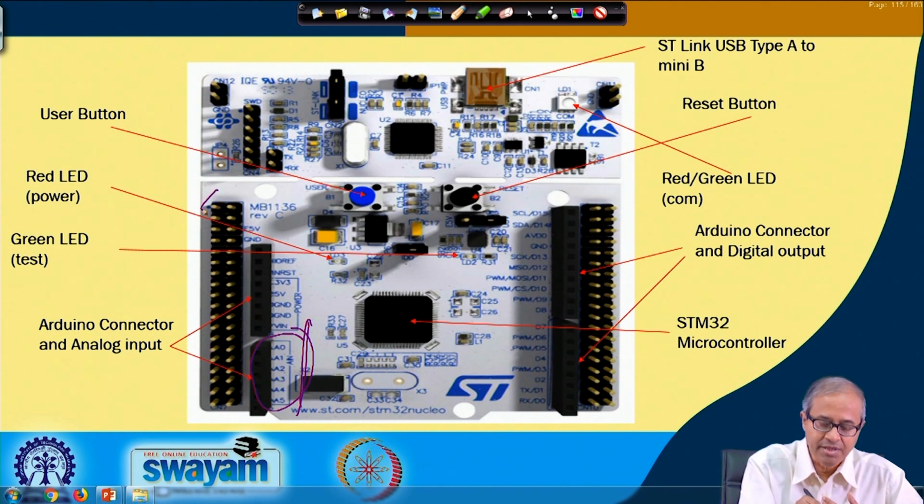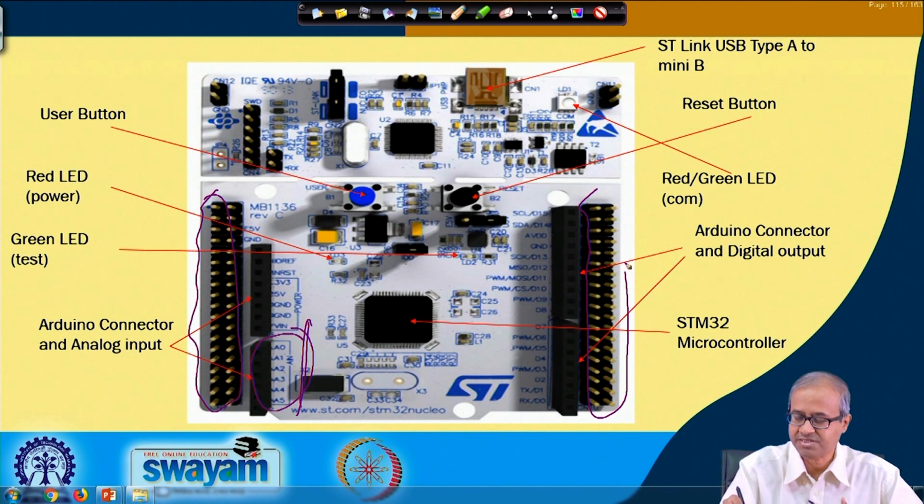If you want more, you will have to access them from these extension pins. So, in these STM32 extension pins, you have access to all the signal pins, but here you have access to only the Arduino compatible connector pins. Okay.